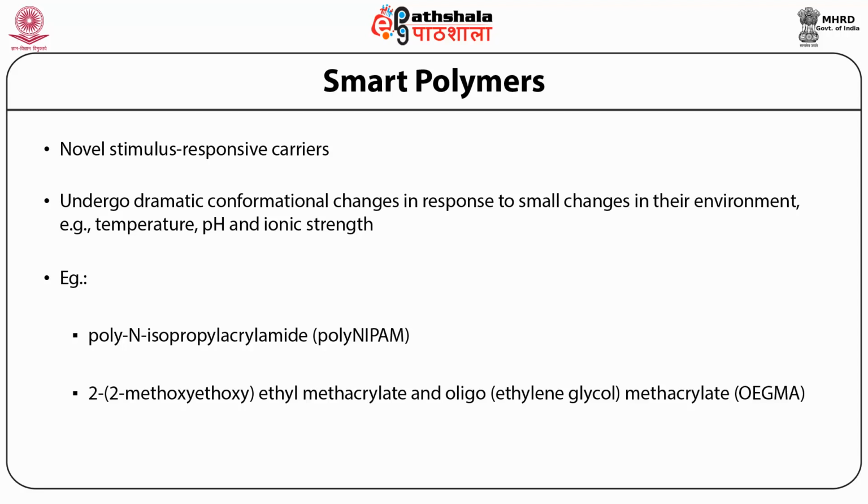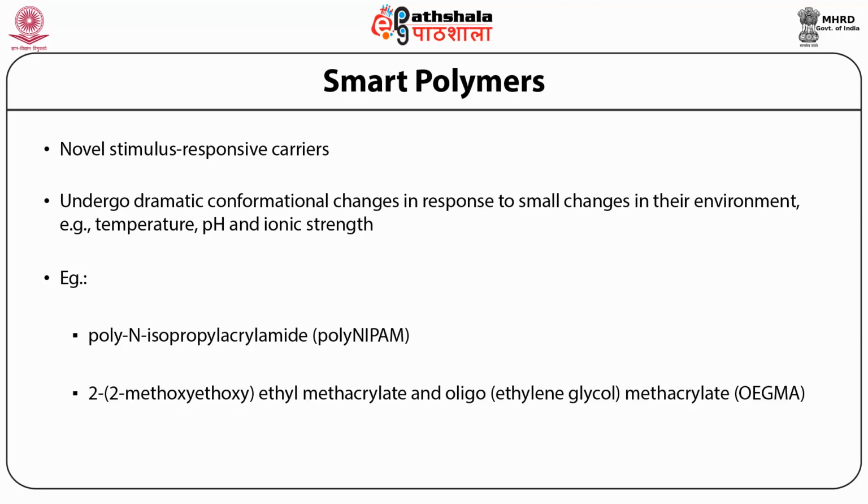The significance of smart polymers is not only in enzyme immobilization; they also have significance in drug delivery. For example, a particular drug is encapsulated in a smart polymer that must be delivered to specific tissues or specific cells.